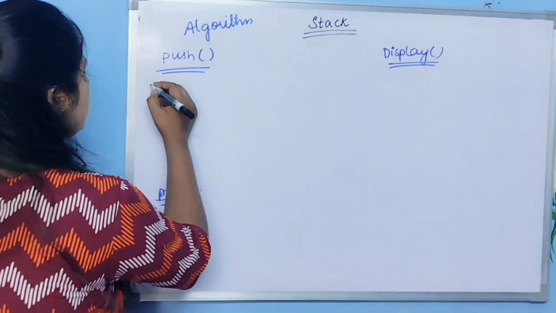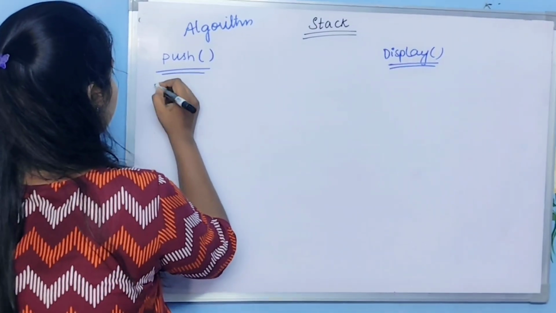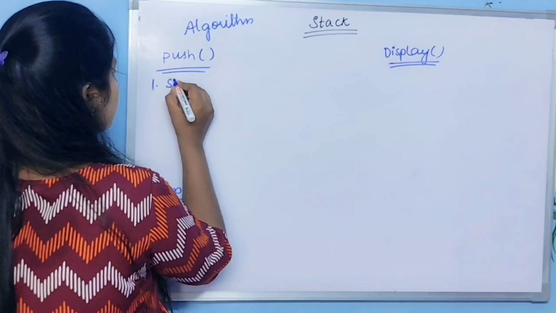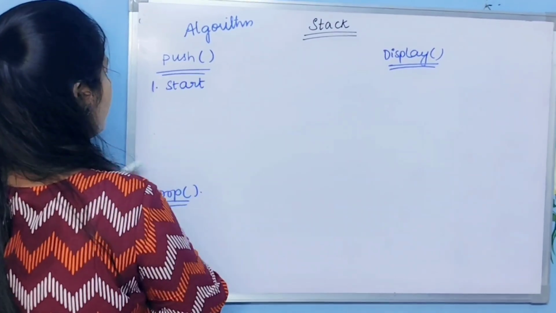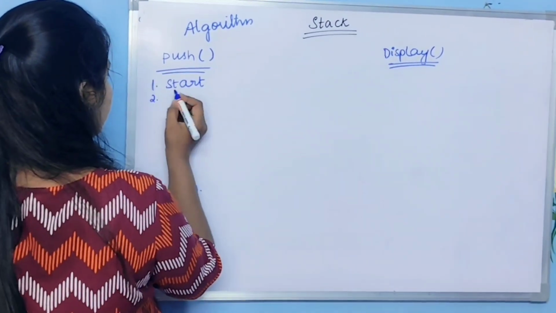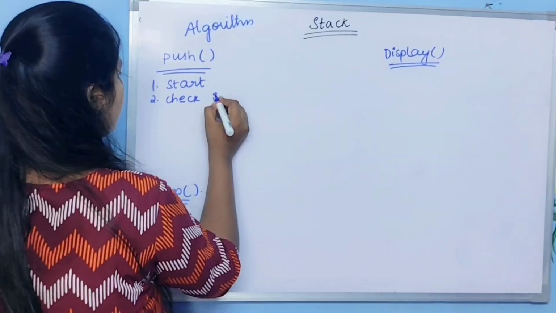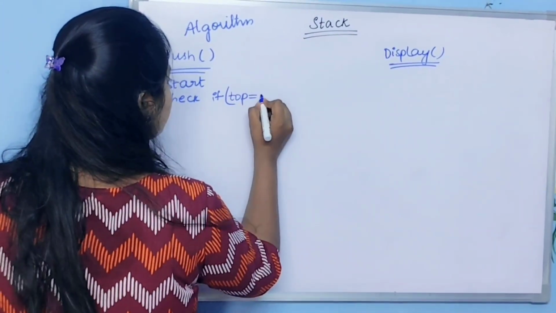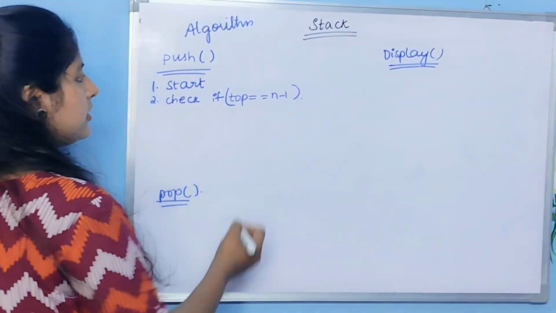First, what should I do is start. Second one is check if top equals n minus 1. Right?